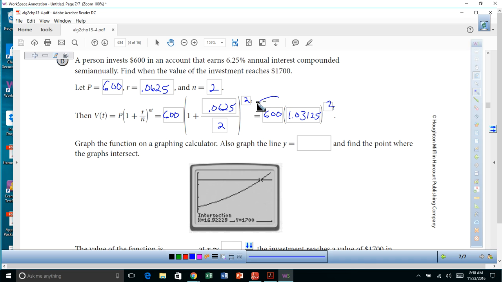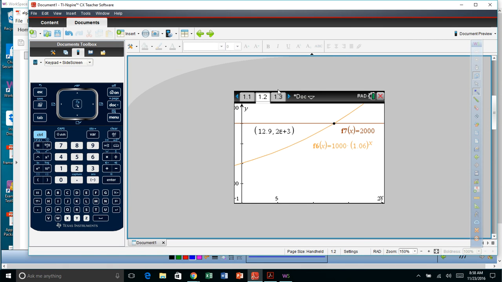So we'll put this in the calculator. And really, if you want, you can put it in there like that. It'll do it for you. So let's see here. Graph the function on the graphing calculator. Also graph the line y equals 1,700. All right.